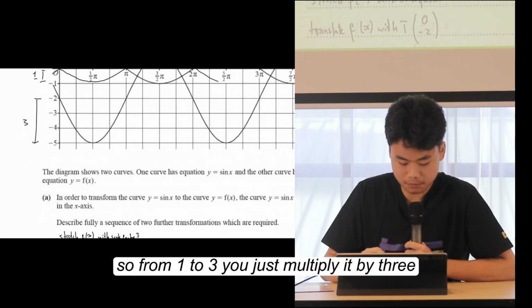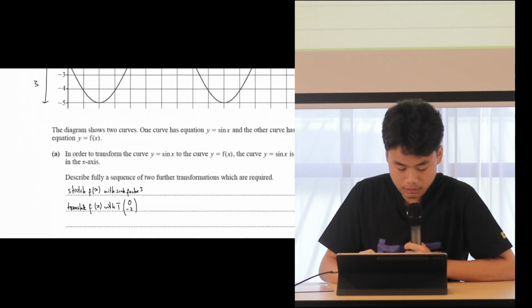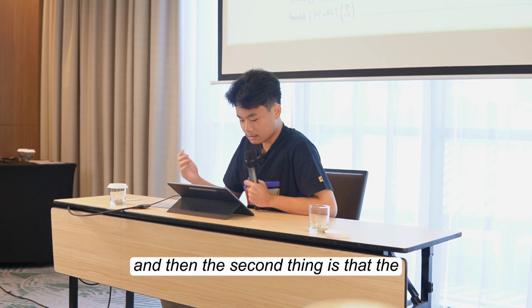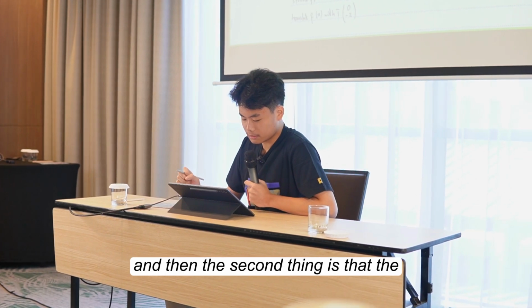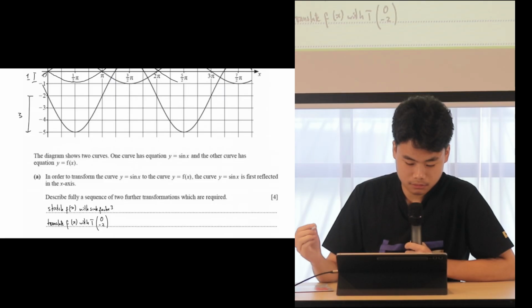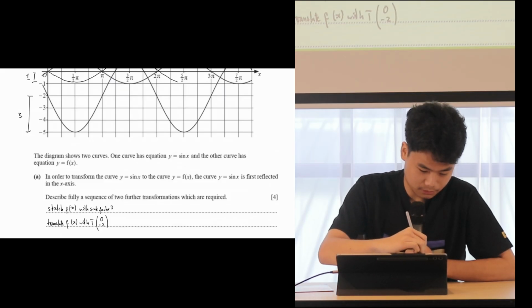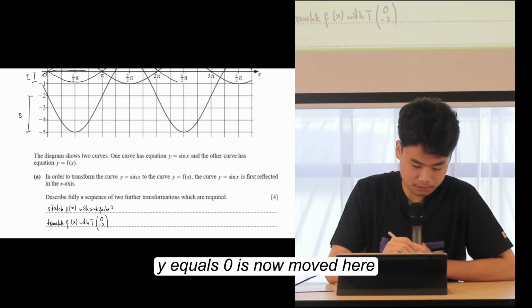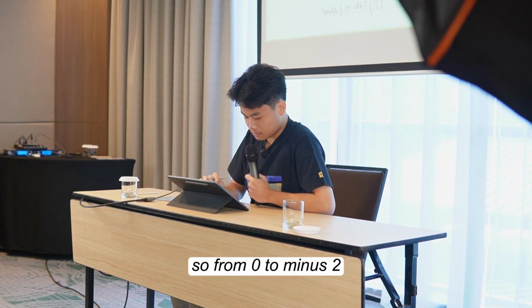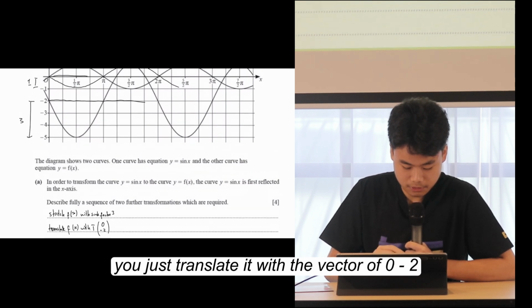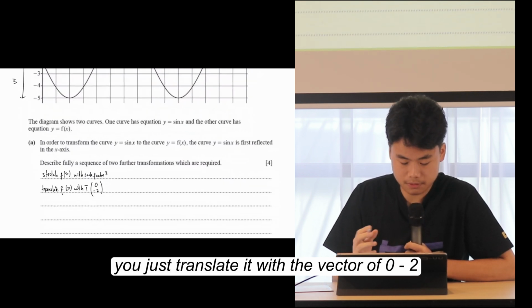So from 1 to 3, you just multiply it by 3. And then the second thing is that this line y equals 0 is now moved here. So from 0 to minus 2, you just translate it with the vector (0, -2).